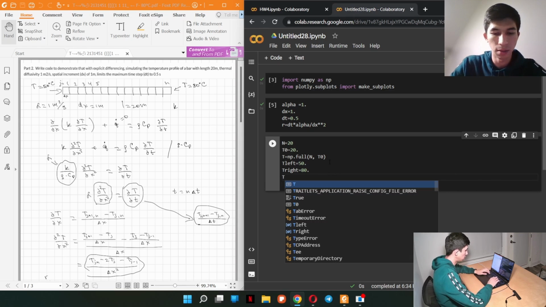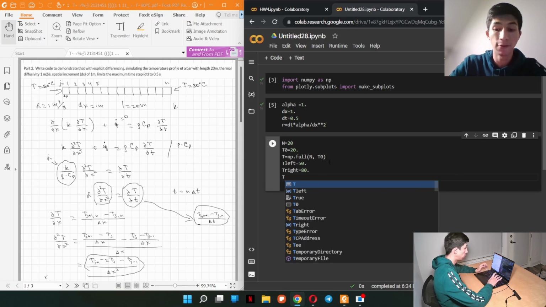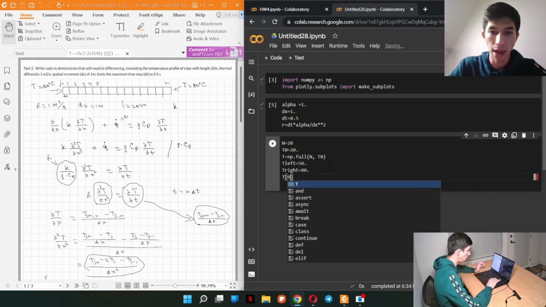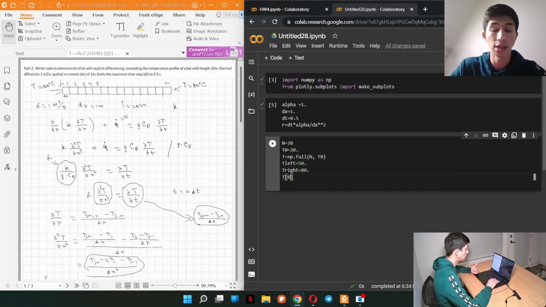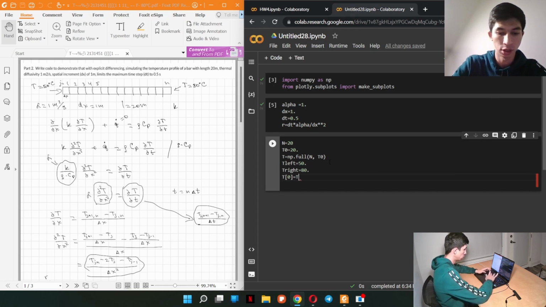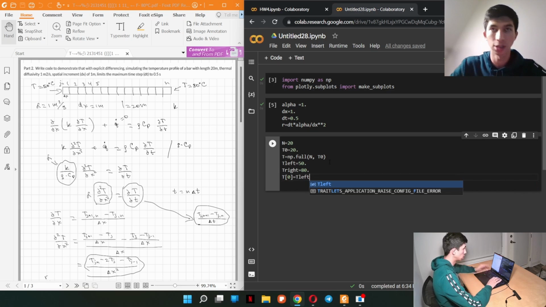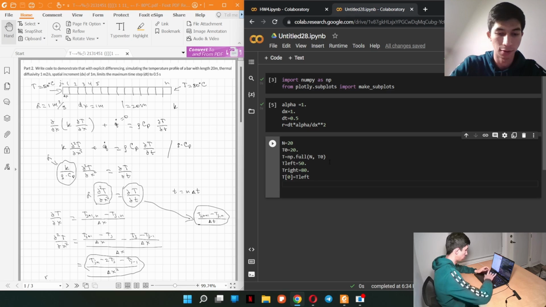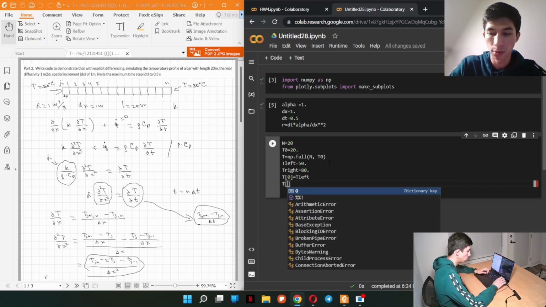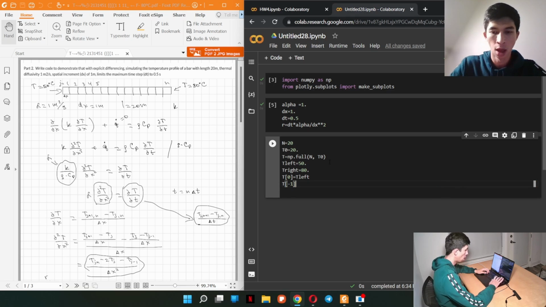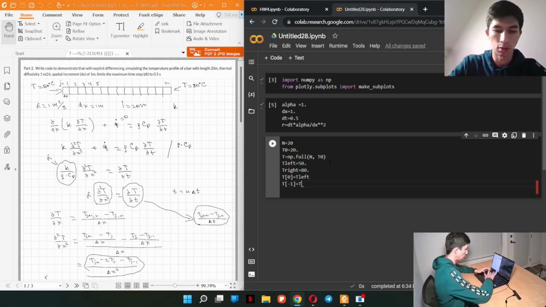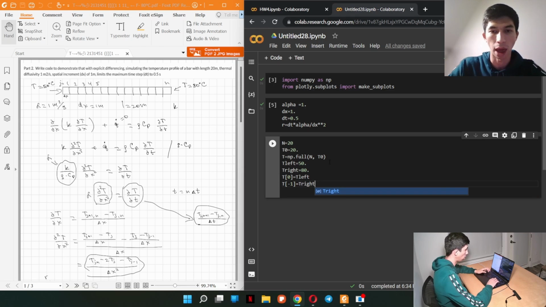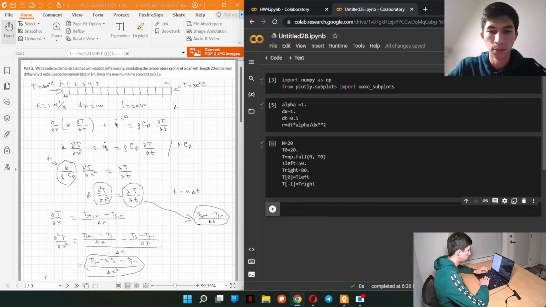Okay, and I'm going to set the first value of our array. Python indexing starts from 0, right? So the first should be equal to t_left, because that's the temperature on the left, and the last value in our array, which is index -1, should be equal to t_right. Okay, so let's just run it.